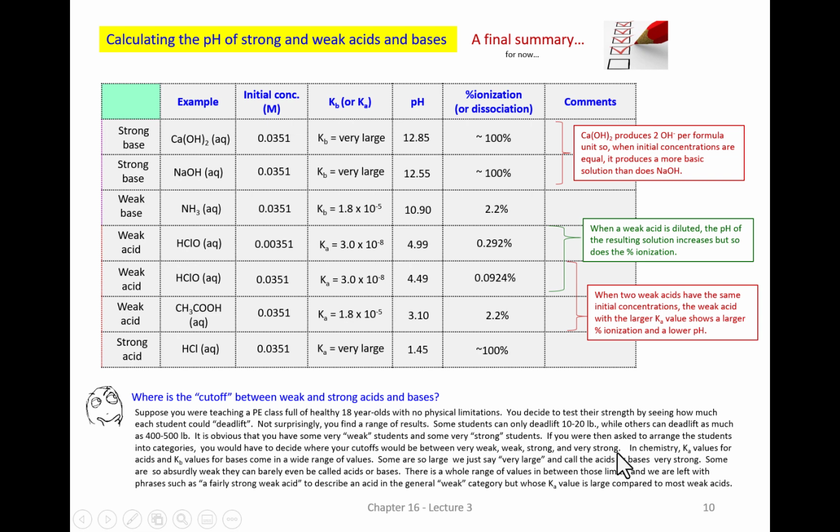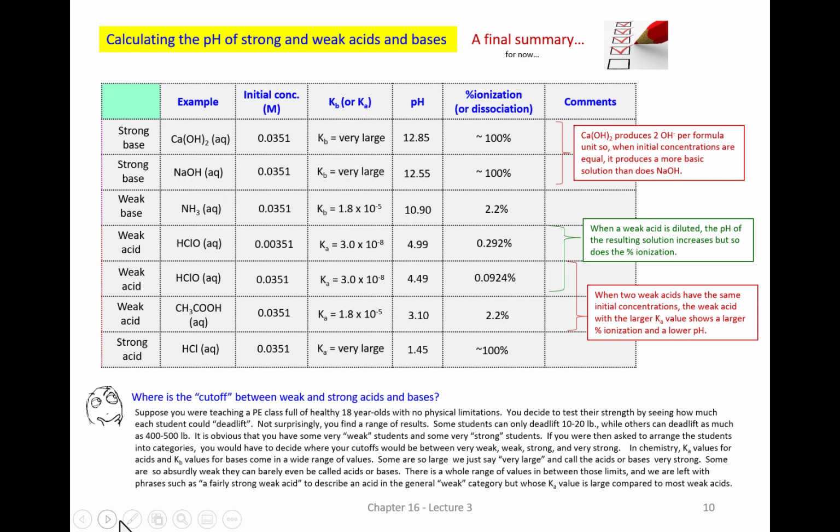Now in chemistry, Ka values for acids and Kb values for bases come in a wide range of values. Some are so large, we just say very large and call the acids or bases very strong, like we did here. Ka very large, strong acid. Kb very large, strong base.